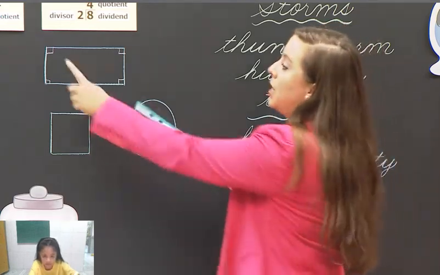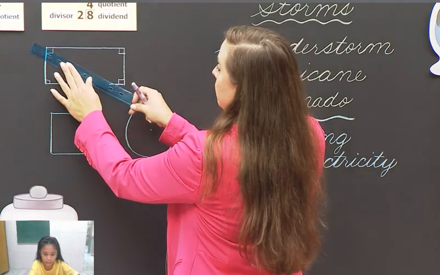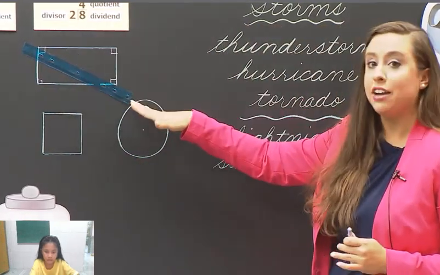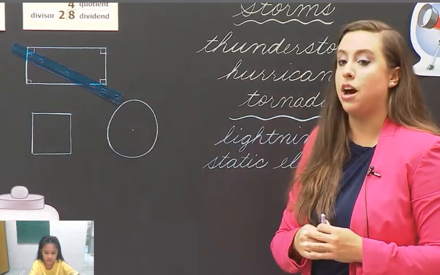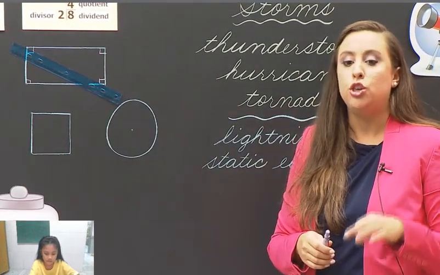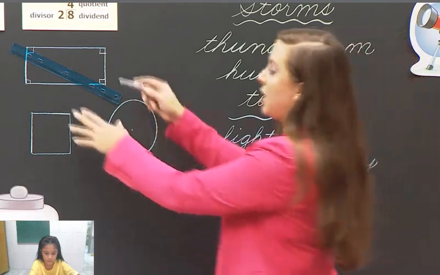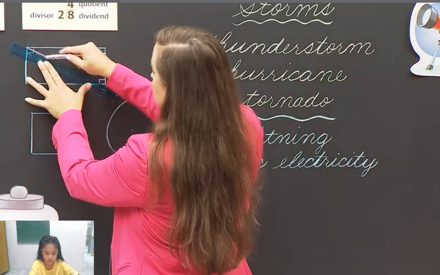So take your ruler and line it up at vertex 1. Then make it go diagonal so that it will also line up at vertex 3. You are going to divide it from vertex 1 to vertex 3.